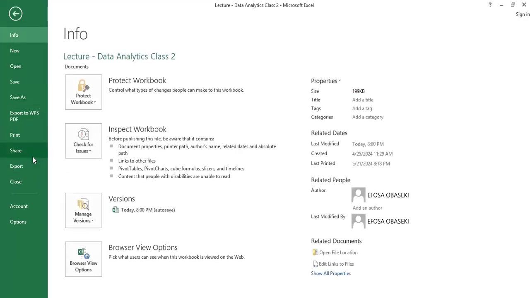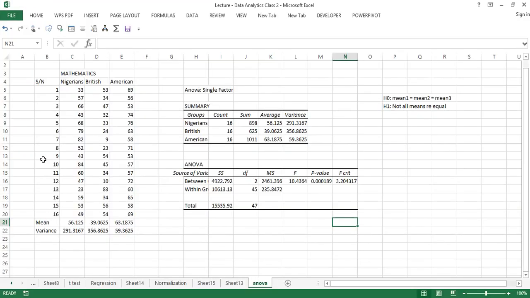Okay, so what we just did is what we call a one-factor analysis of variance, because we are dealing with one factor. The factor here is nationality.